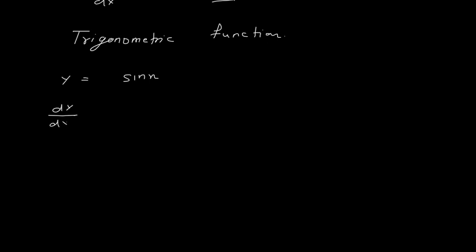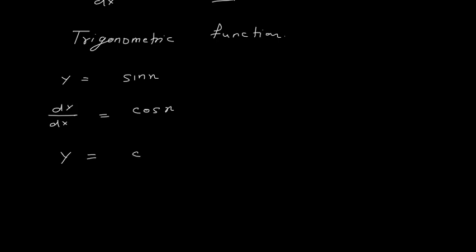Next, we have the trigonometric function. Very important, trigonometric function. Now in trigonometric functions, the first function we discuss is when y is sin x. So when y is sin x, its derivative dy upon dx is cos x.